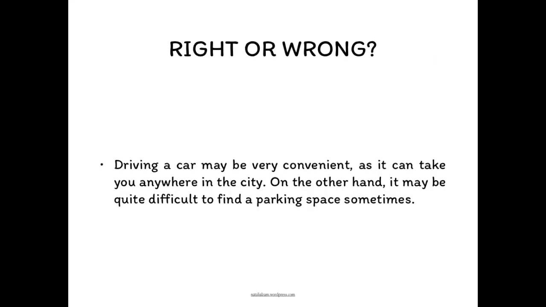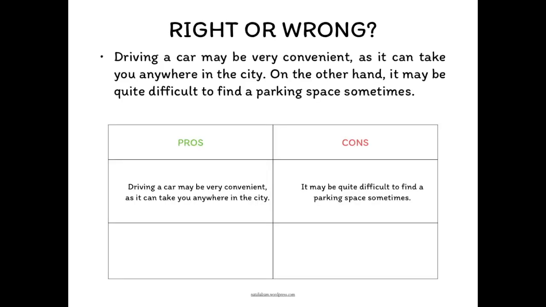Have a look at this sentence now. In your view, is this correct or wrong? As opposed to the previous example, the first argument is something positive in favor of driving. However, the second argument is a downside, is a con, is something negative.